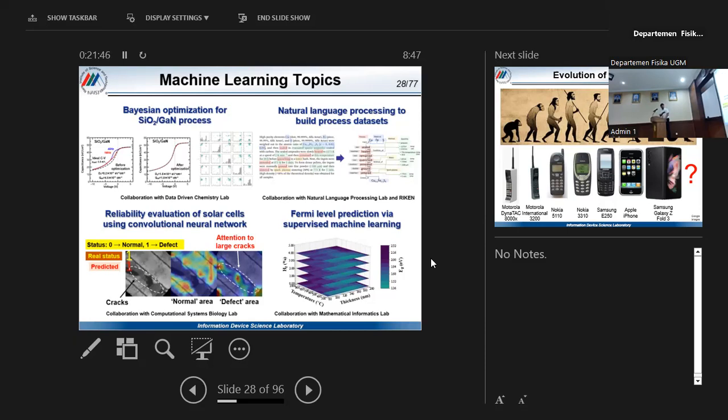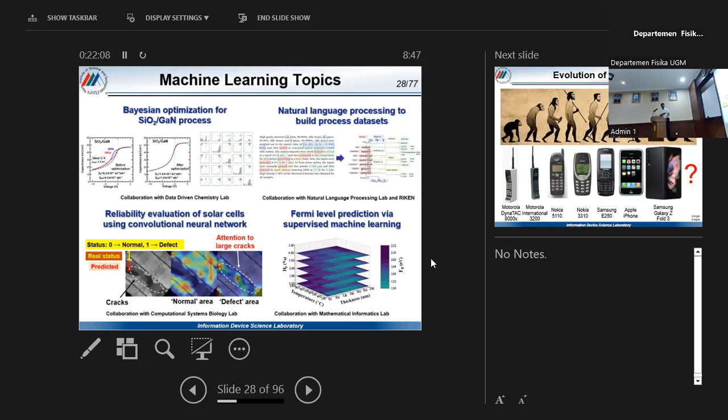We're also doing natural language processing to build process data sets. For example, you have so many papers in the literature, right? What if you want to get the process conditions of each of those papers? If you have to do it manually, with hundreds or thousands of papers, you'll waste a lot of time.